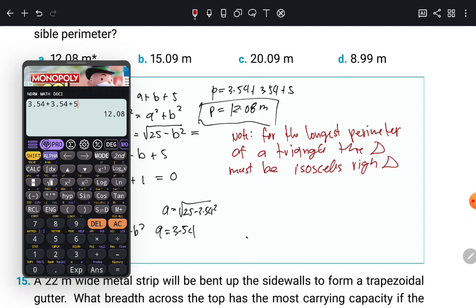So for it to be the longest perimeter, it should be an isosceles right triangle.